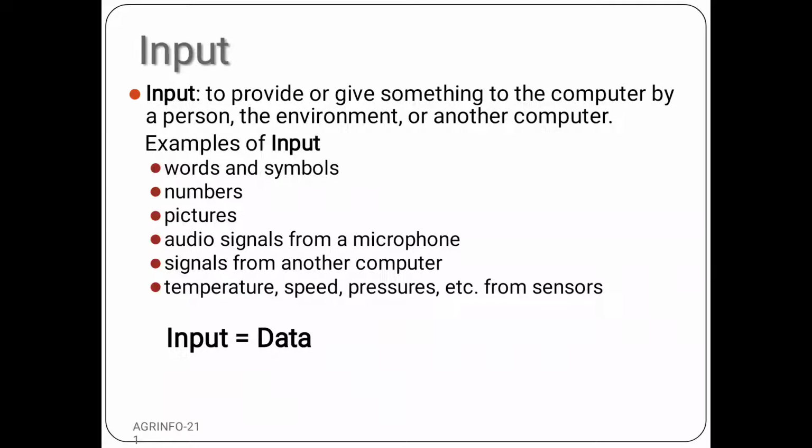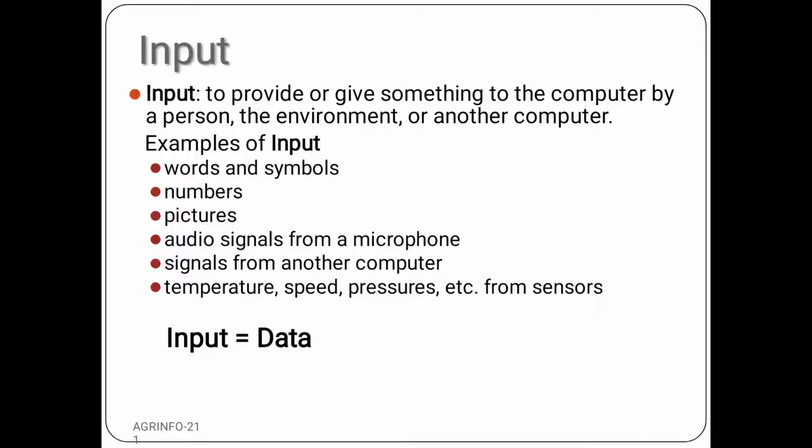Input is to provide or give something to the computer by a person, the environment or another computer. Examples of input: words and symbols, numbers, pictures, audio, signals from a microphone, signals from another computer, temperature, speed, pressure, etc.